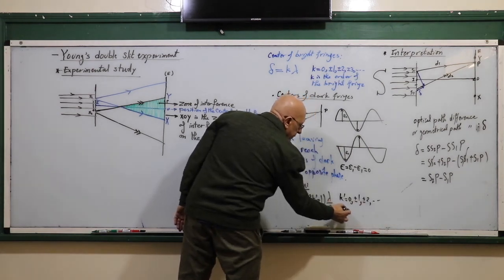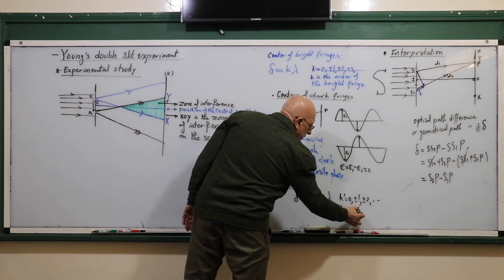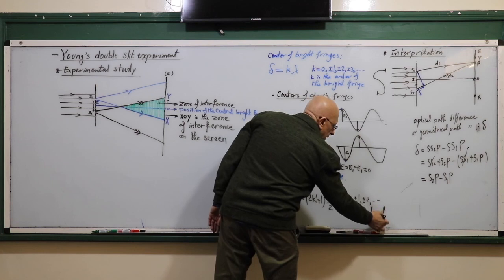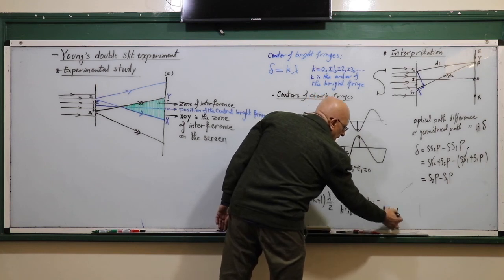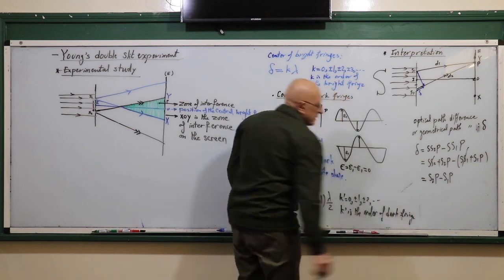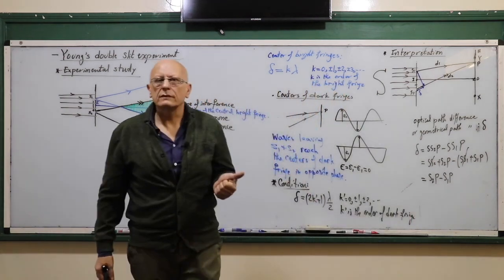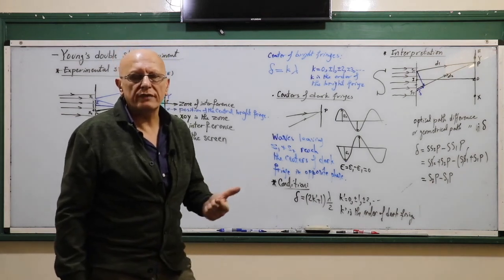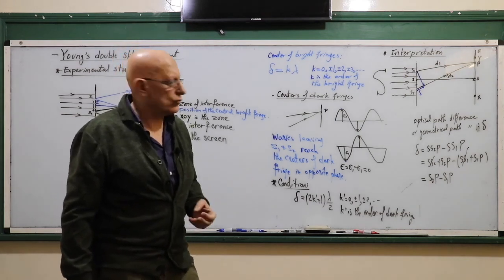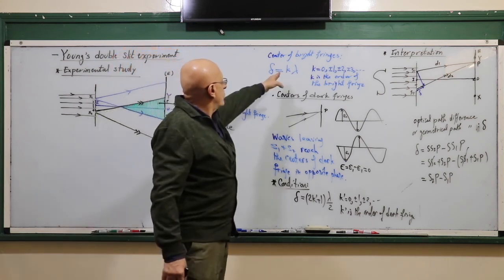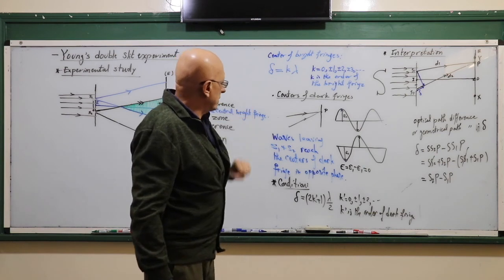Well, k prime is the order of dark fringe. Okay? If k is minus 1, this is the first dark fringe. K minus 2, the second dark fringe, and so on. This is what we mean by order. The same for the bright fringes.